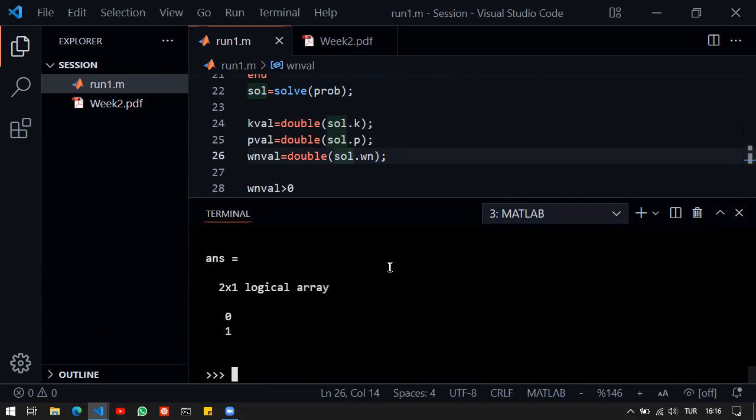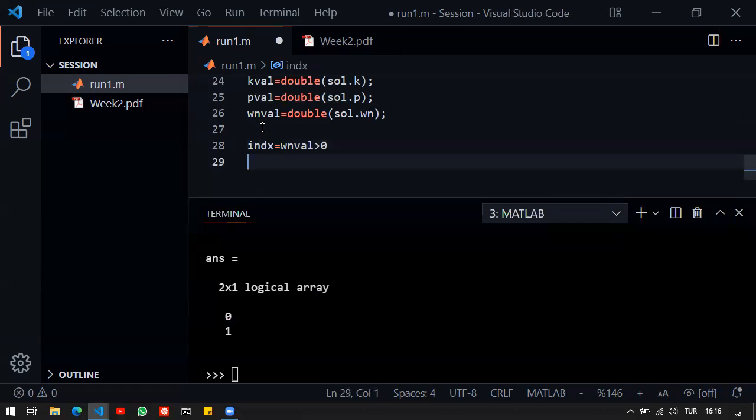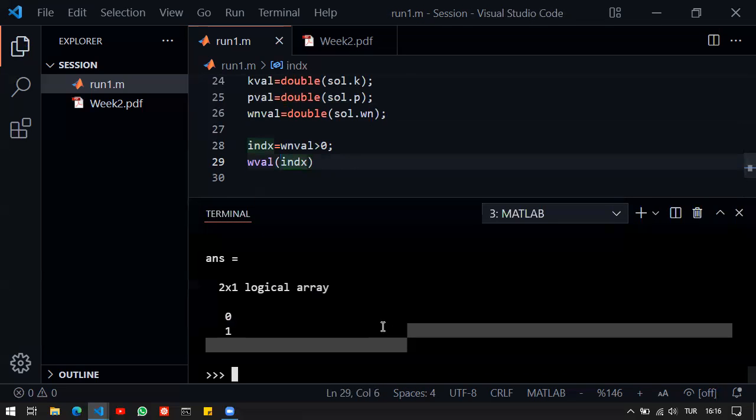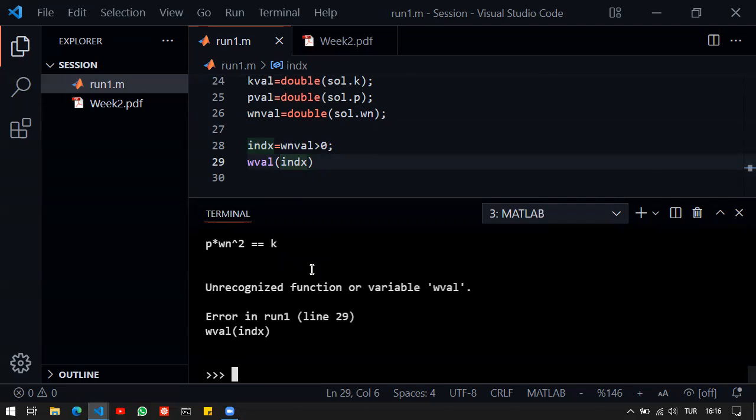I have a logical array. Now, this will help me in determining which elements of the vector are satisfying my condition. Therefore, I can store this in a variable and use this variable as an index to access the ones that are satisfying my conditions. Of course, this is called omega n val.